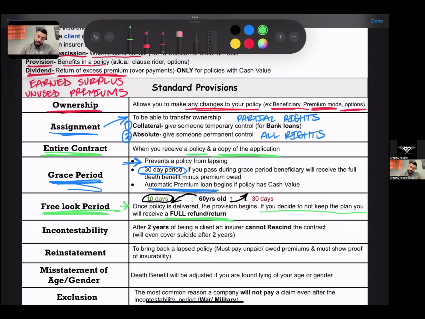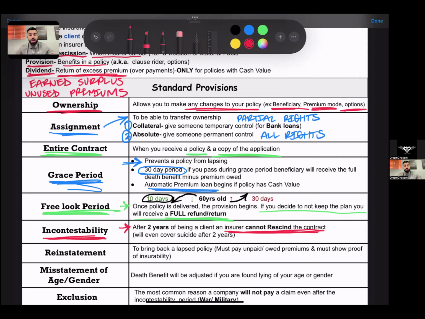Now, next is the incontestability clause. So the incontestability clause is after a policy has been enforced for 2 years, the company cannot rescind the contract. Meaning, once a policy has been in effect for 2 years, that company cannot rescind the contract, meaning they cannot cancel that contract based on someone not being truthful.